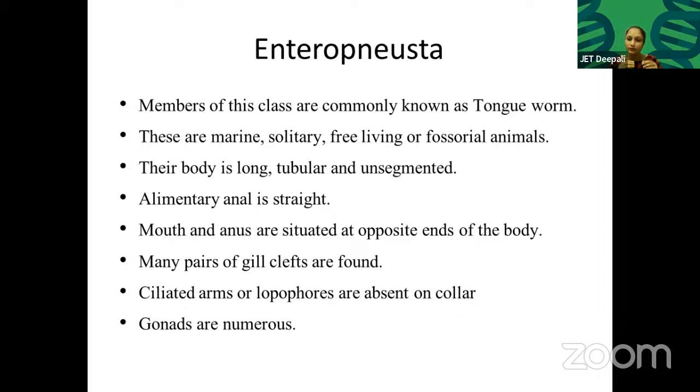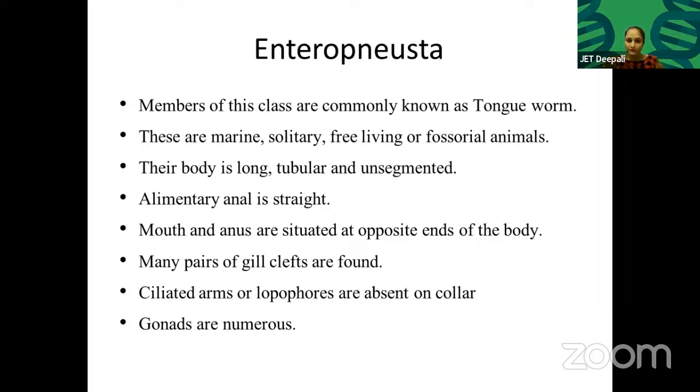Fossorial means they make burrows and stay hidden. Solitary means living on their own. They don't like company; you can say they are introverts, happy with their own company.